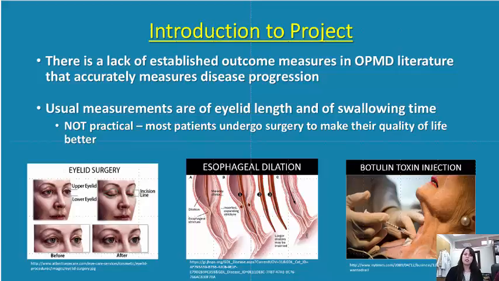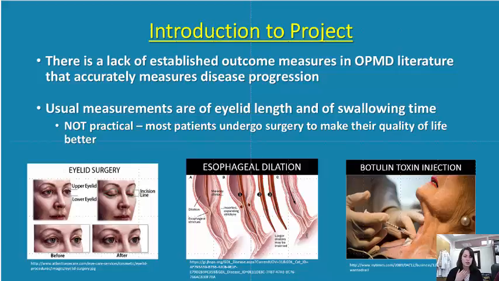Right now, it is difficult to design clinical trials to help study possible therapies for OPMD and to study the disease in general. This is because currently there is a lack of established outcome measures that can properly assess disease progression. While ptosis and dysphagia are the main markers of progression in muscular dystrophy, they aren't practical to measure because many patients undergo surgery to fix them in order to make their lives better.